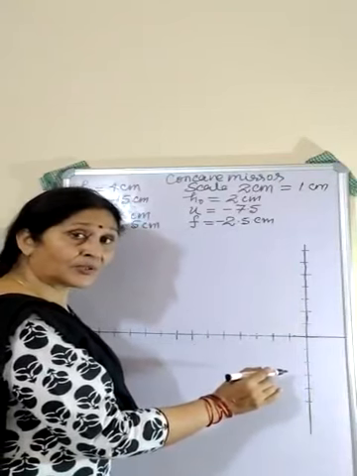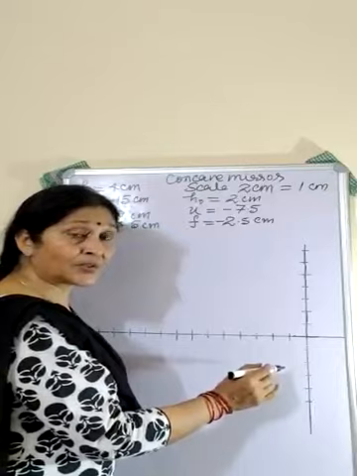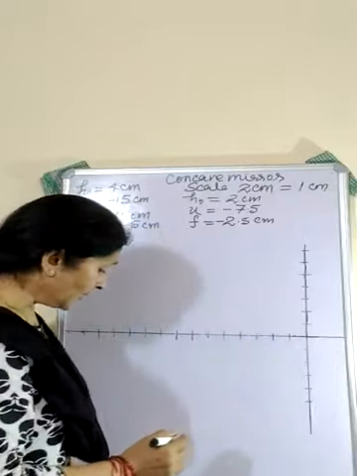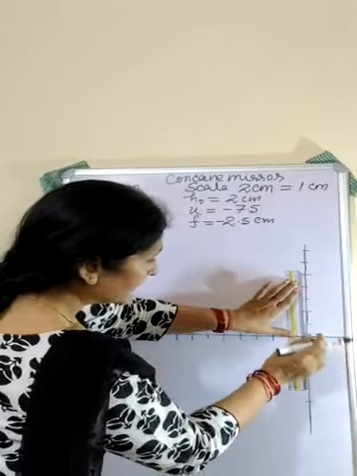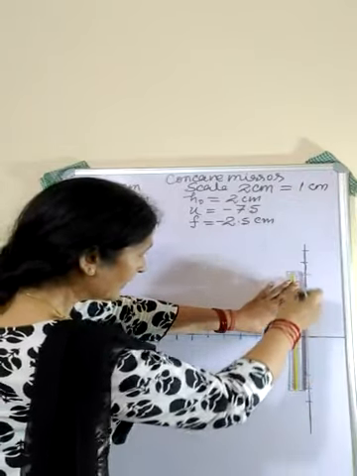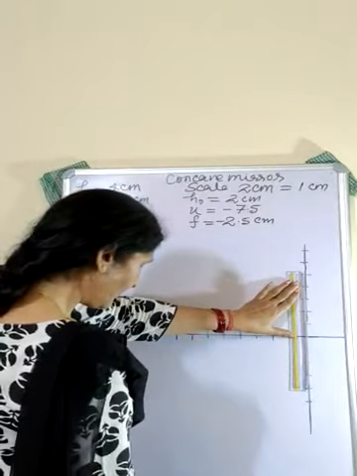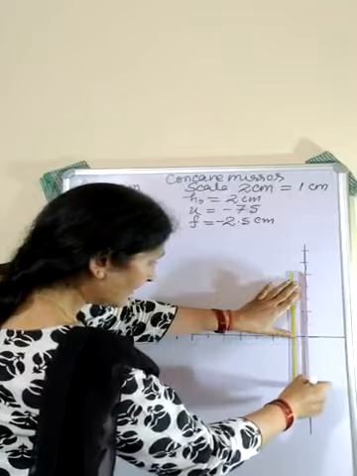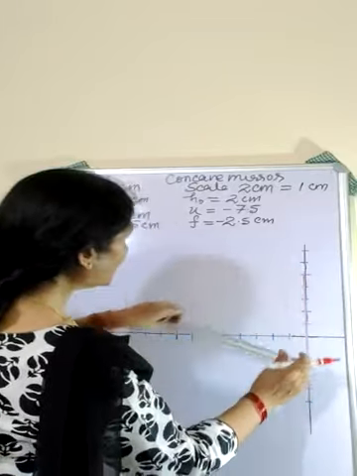During the formation of image, we will take the points on the straight line. So for concave mirror, let us draw a straight line here. This is your concave mirror.